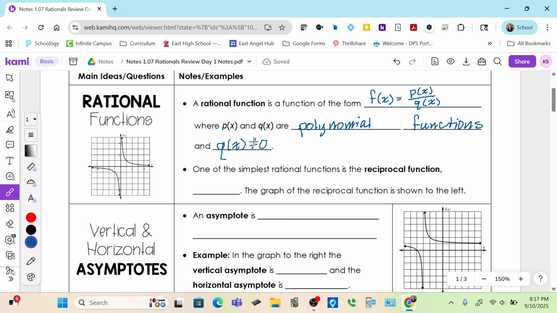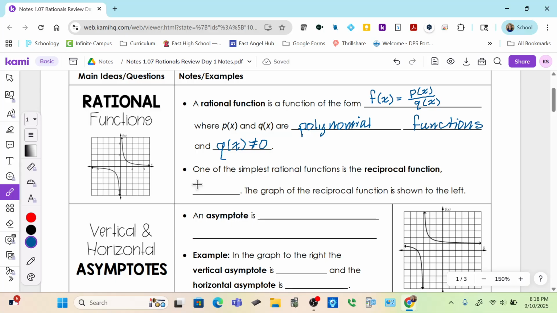Hopefully that makes sense to you, because any fraction, which is what a rational function looks like, a fraction with polynomials, cannot have 0 in the denominator or it becomes undefined.